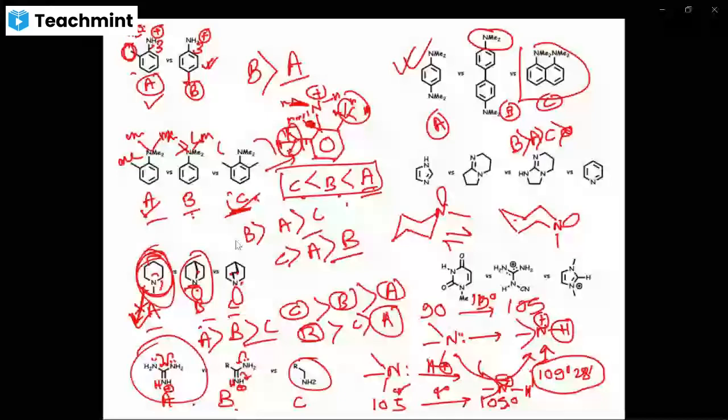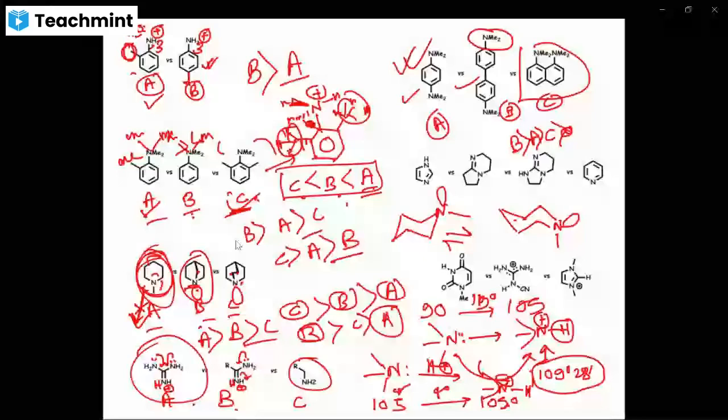The only factor is because resonance does not depend on distance, so the resonance effect will be there in both cases. The only effect which can make a difference is the inductive effect. I'm not saying that I'm sure about it. If you have a different opinion, you can tell, and I will check it and confirm.